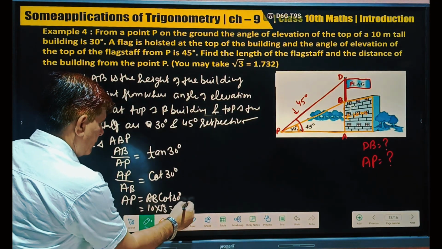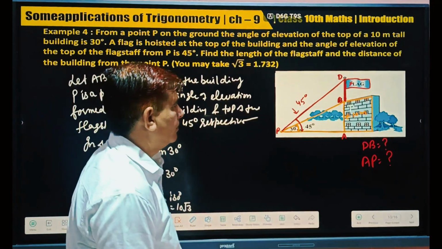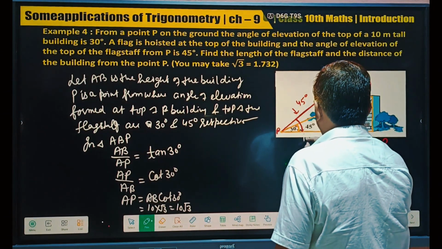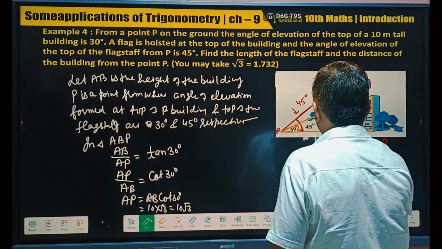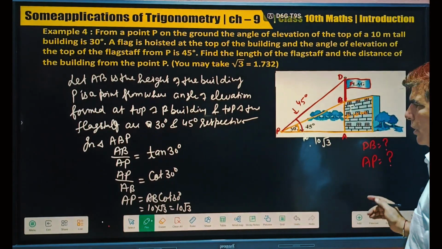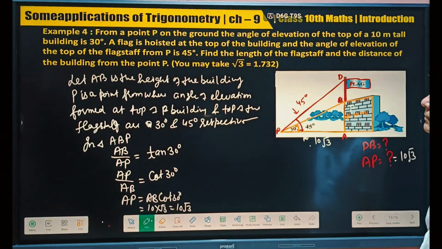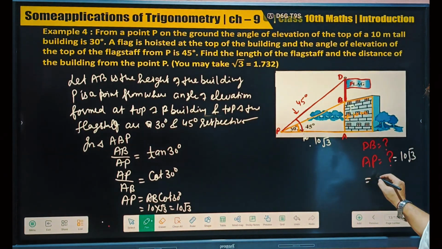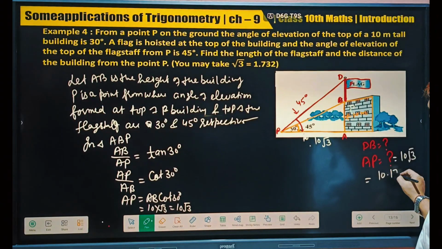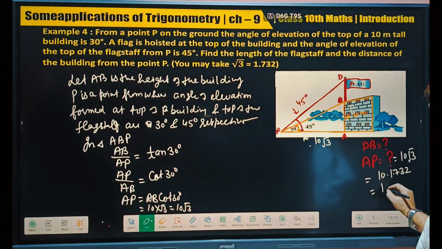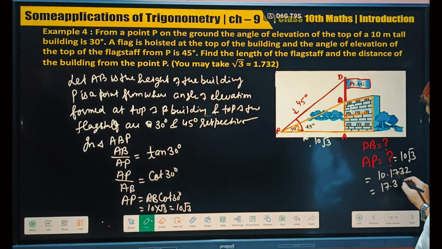So what becomes? 10 root 3. So this is equal to 10 root 3. What do we have to find out? AP. So this is 10 root 3. And what's its value? So you can write 10 times 1.73. So what does it become? 17.32 meters.